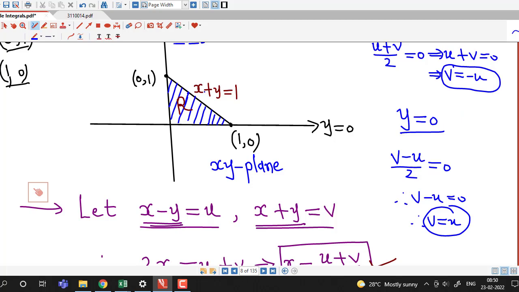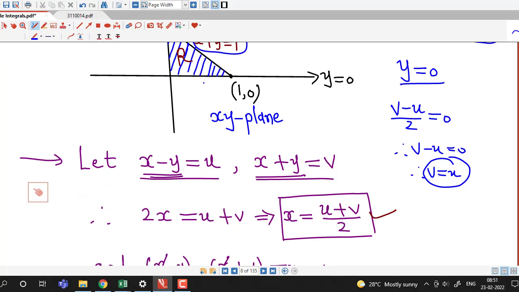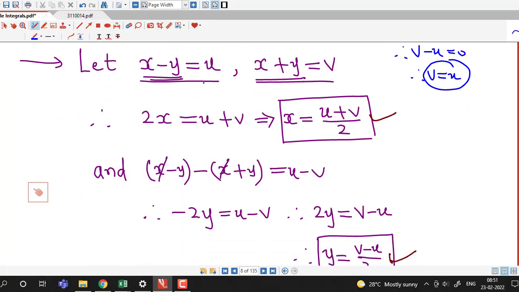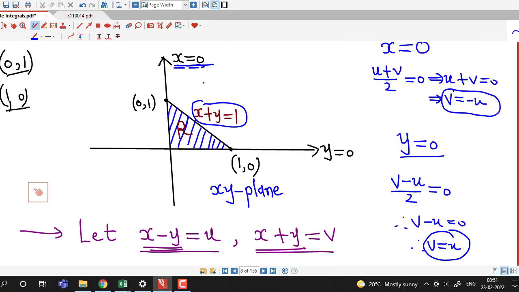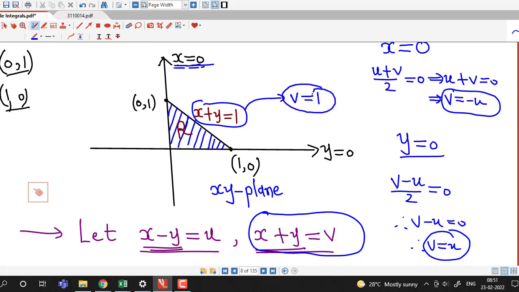Similarly, I can find out a boundary corresponding to this line x plus y equal to 1. So x plus y is nothing but v. So this line in the xy plane will be transformed into the line v equal to 1 in the uv plane. x plus y equal to 1 is the line in the xy plane, and using this substitution we obtain v equal to 1.